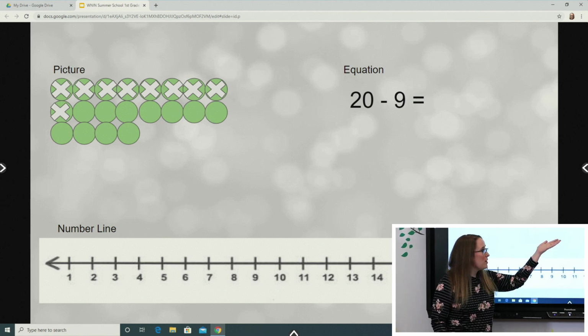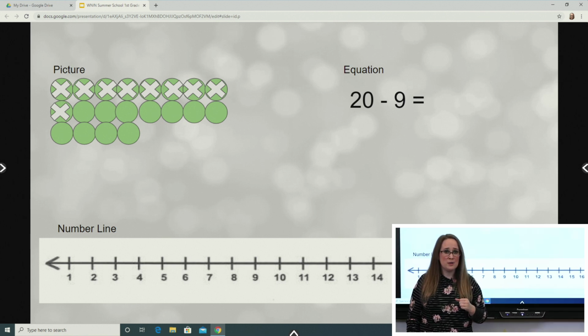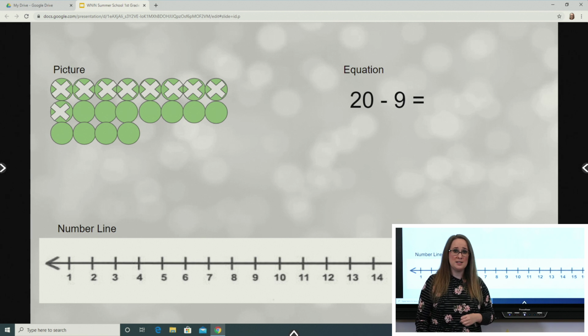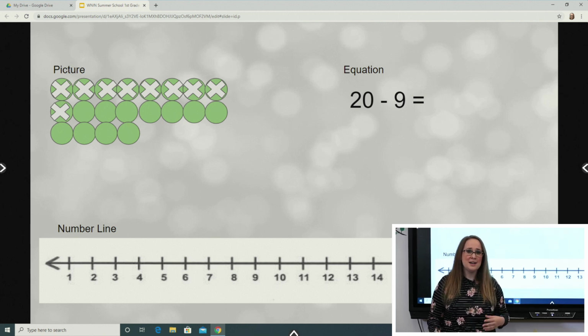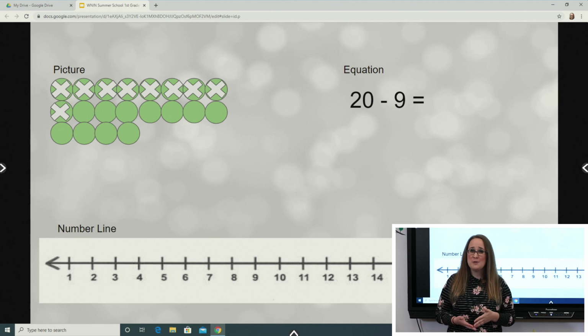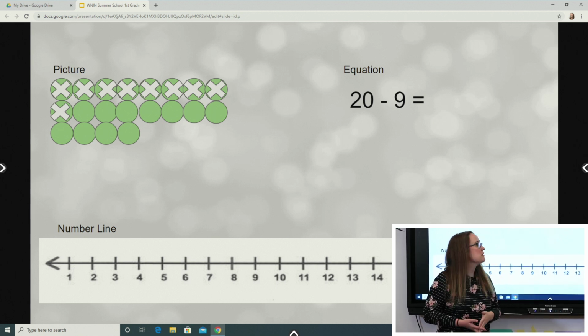Let's see if our equation gets us 11 as well. The equation you should have written down is 20 minus 9. Our clue words were difference and left. When you spend money, the money goes away. You have less money than when you started with.